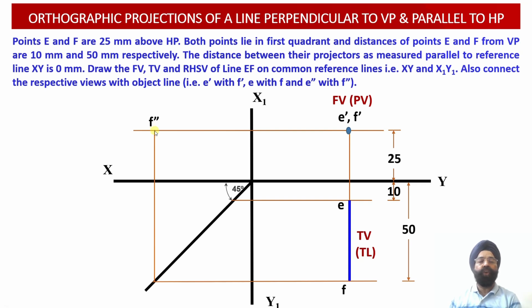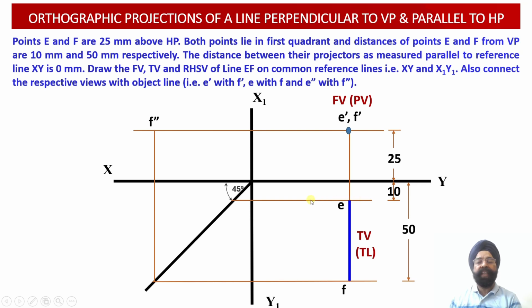Similarly, in order to obtain point E double dash, once again the same procedure will be followed. We have drawn a horizontal locus line through the front view projection point E dash and extended it into the profile view projection, and from the top view this distance was 10 millimeter.